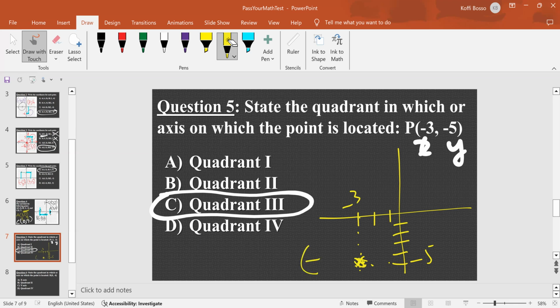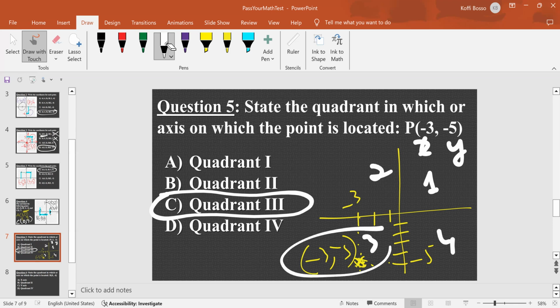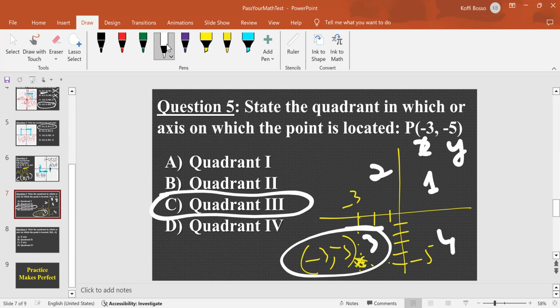So I have (-3, -5). And yes, that confirms that I'm in quadrant 1, sorry, quadrant 3: 1, 2, 3, 4. So I'm in quadrant 3. Therefore, the correct choice is C. Let's continue.